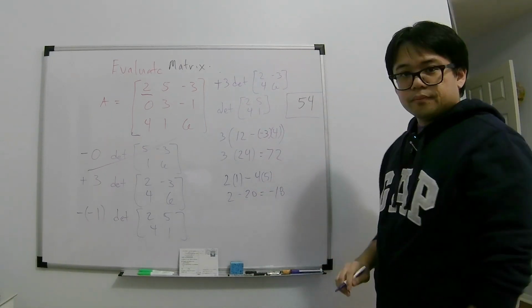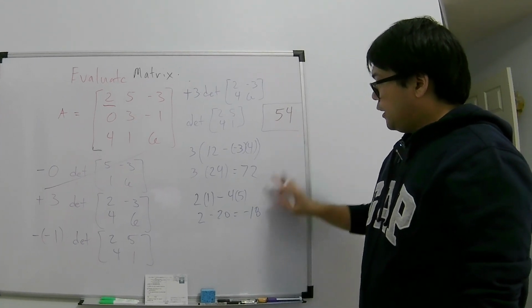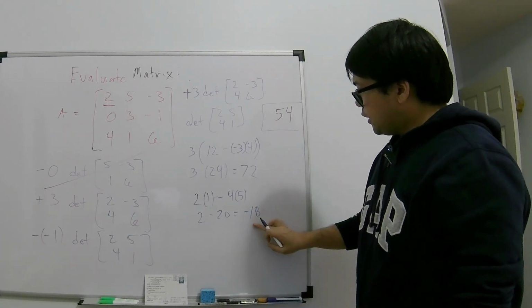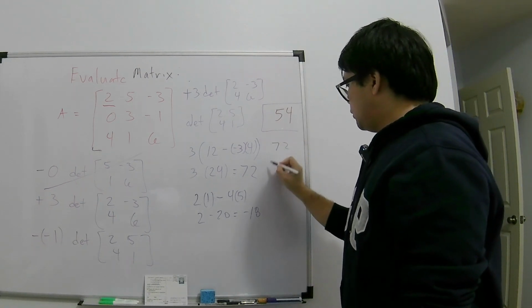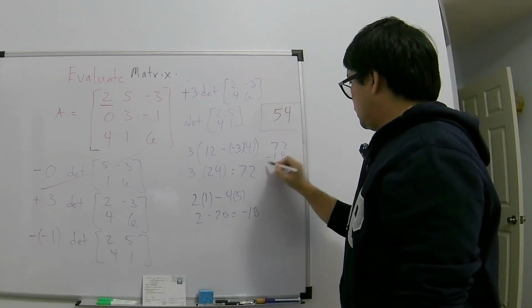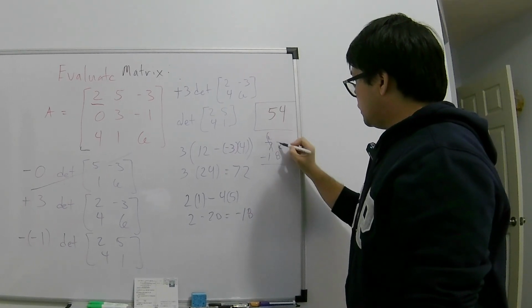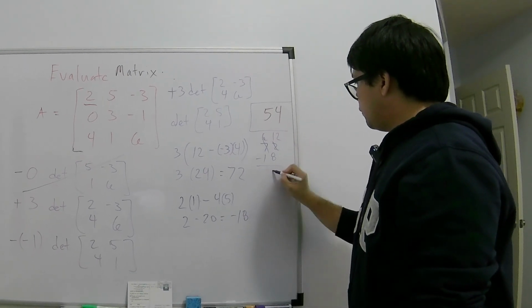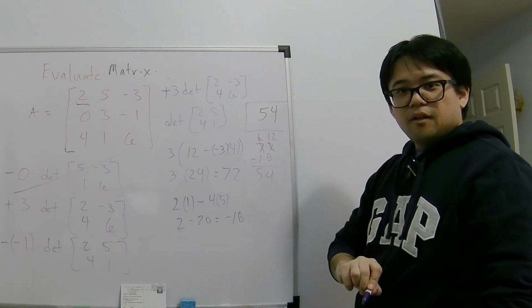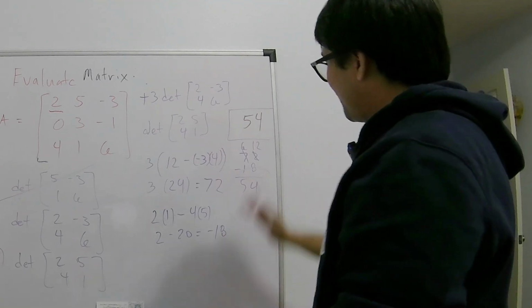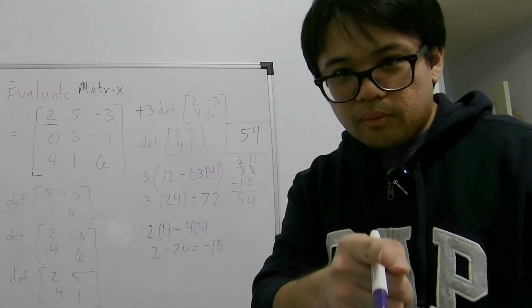All right. So remember, last time it was 54. If we add 72 and 18 together, we get 54. Let's do a little check here. There you go. And so that is how you find a 3 by 3 matrix determinant the smart way.